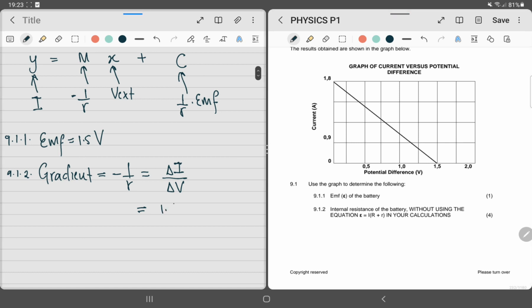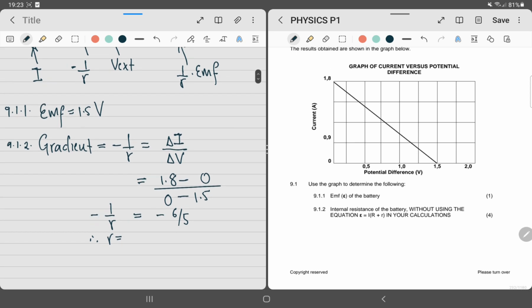When the current is 1.8, the voltage there is 0. And when our potential difference is 1.5, the current is 0. So I'm getting negative 6 over 5. Now I just have to find the inverse. It's negative 5 over 6. Then I'm going to divide by negative on both sides. So it's 0.83 ohms.